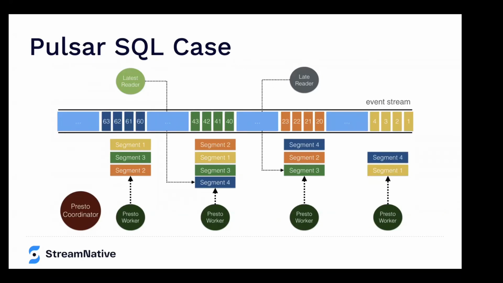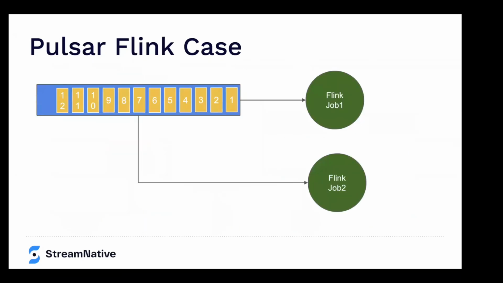And for the Pulsar Flink case, a normal Flink job, here Flink job 1, will usually only use the messaging APIs to consume the latest data available in a topic or partition to process data. Sometimes, during Flink job recovery, checkpoint, or catch-up, you will utilize both.